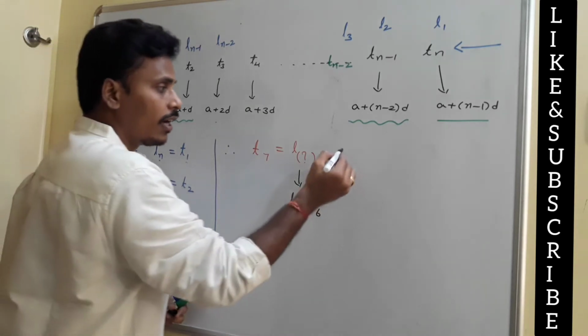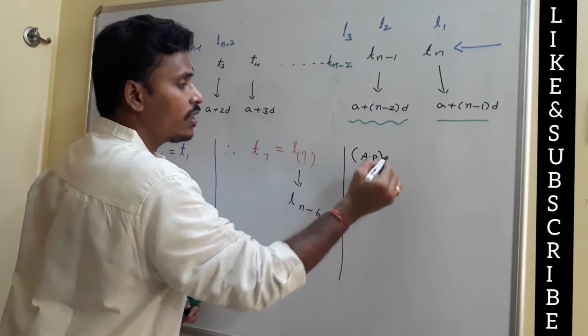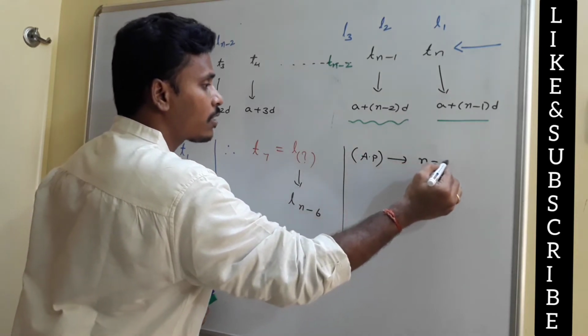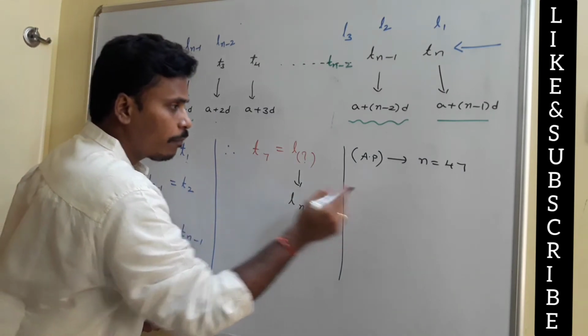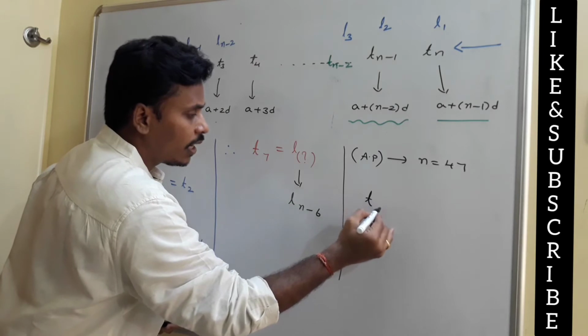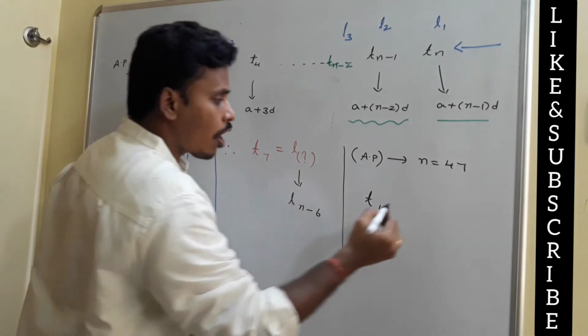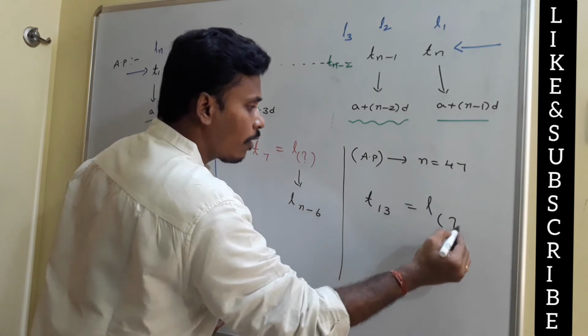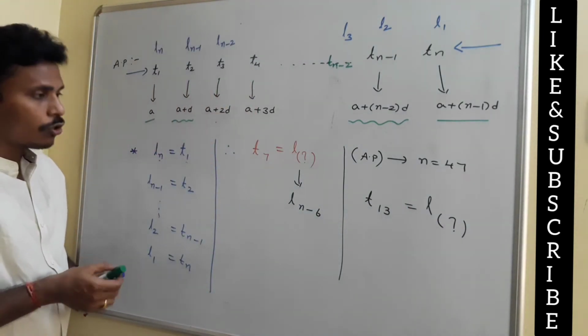I am again repeating with an example. I have an arithmetic progression, and in that arithmetic progression there exist 47 terms. If I locate the 13th term from the start, the 13th term from the start is equal to which term from the end?